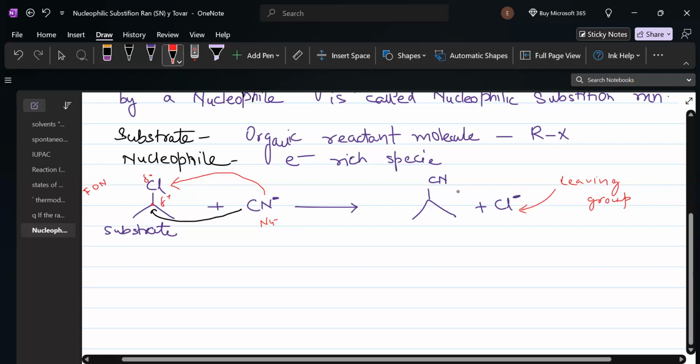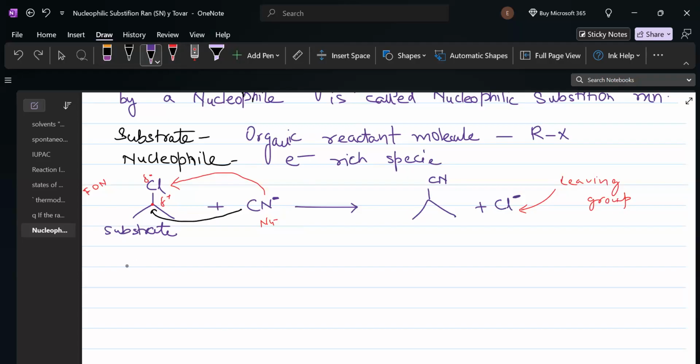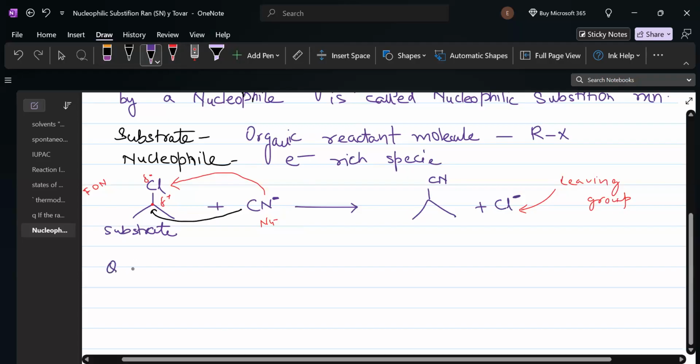Okay. So I'm giving you some questions. Try to solve them. Identify the leaving group and nucleophile.